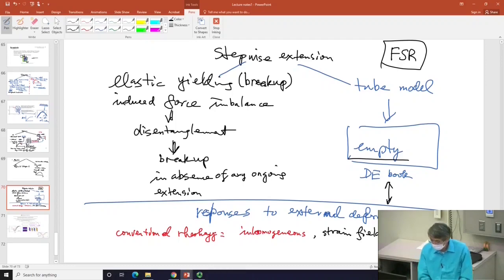So, in summary, our whole subject is about response to external deformation. Our whole task, or rather, what we come to realize, much of the physics.